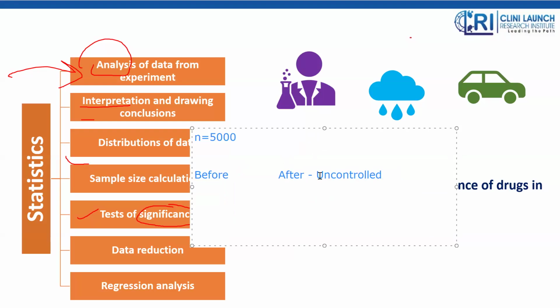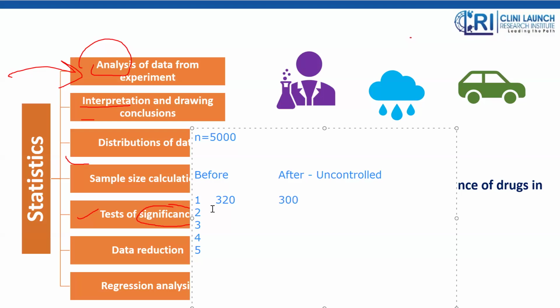Before giving the medicine, you're checking their cholesterol levels. So like this, you will have person 2, person 3, person 4, person 5. Maybe this person has 320 mg per dl, for example. I'm just writing the numbers. And after it is 300. And here this person has 350, and after, 348. Then the next person has, let us say, 250, and after, 240.